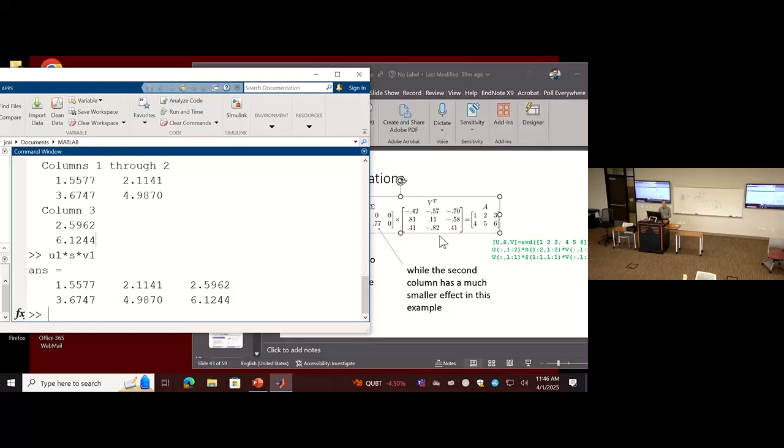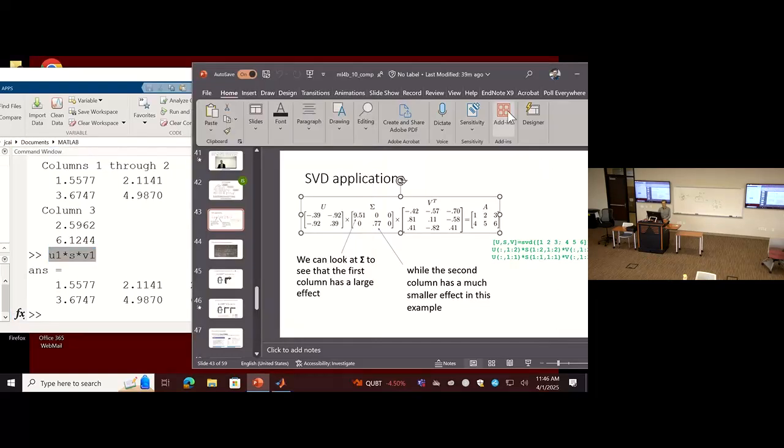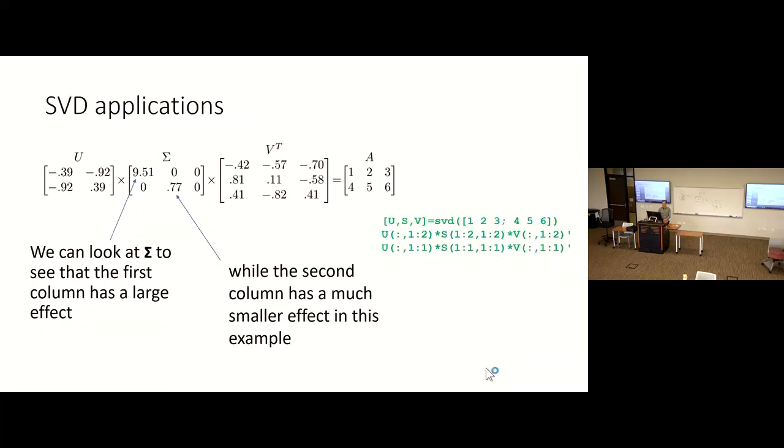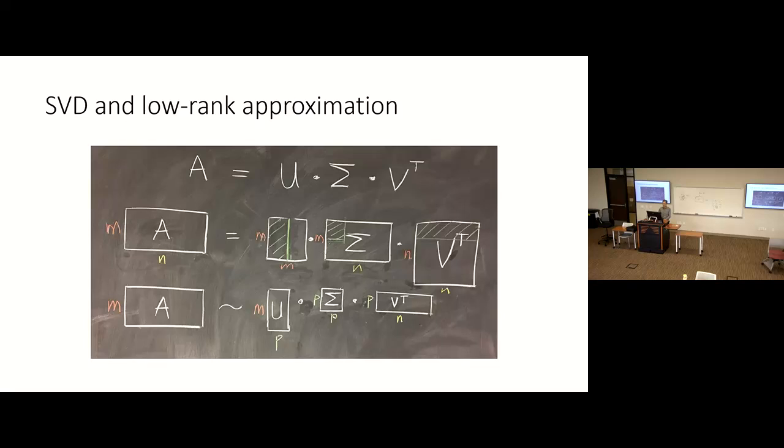But this just gives you an idea. I only use the first components to reconstruct the original, because I learned from the singular values, the magnitude, the difference. Okay, so this tells you the truncated version.